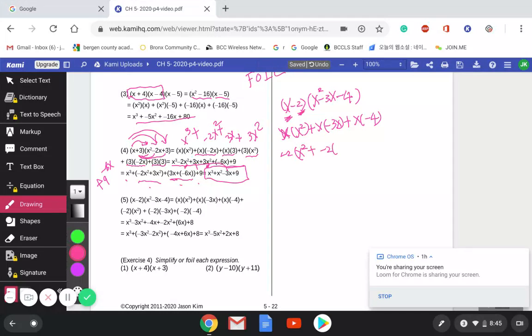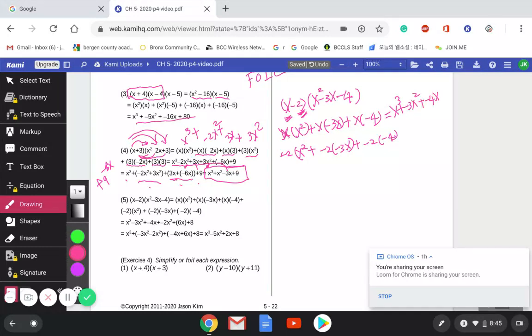negative 2 with the negative 3x, plus negative 2 with a negative 4. So I distribute with the second one. If you simplify, this one ends up with x cubed, plus negative 3x, plus negative 4x.